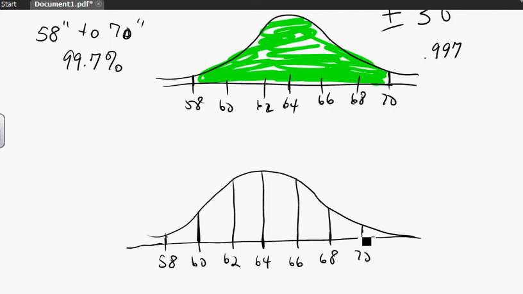I'm going to start you off. Between 62 and 66 inches is 68% of this area under the curve. From 62 to 60 would be 34%. Okay? Do you think you can fill in the other?